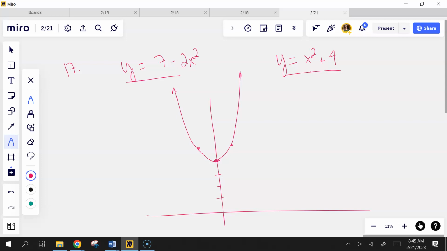Now, I know I didn't teach y'all this way in Algebra 2 because I wanted you to be precise with your parabolas and graphing. But if you know where it starts, this only works with the first point off the vertex, but you can plot the first point off the vertex as a slope from the vertex. In other words, see how I said up 1 over 1? Because from 4 it had a slope of 1.